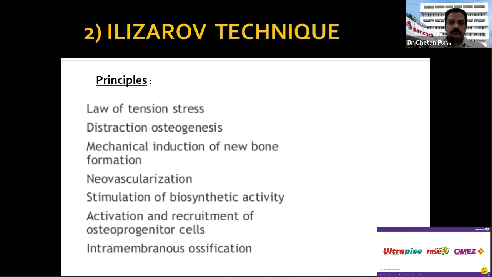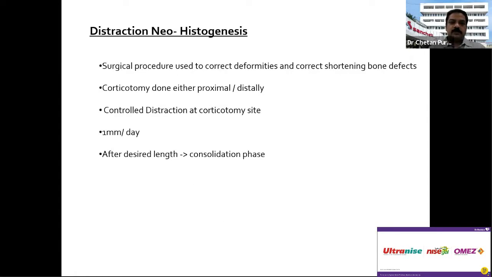There is also stimulation of biosynthetic activity, which helps in intramembranous ossification and activation and recruitment of osteoprogenitor cells. The distraction procedure is used to correct deformities and any shortening if present. So it has a dual advantage of achieving union, eradicating the infection, as well as correcting any limb length discrepancies.